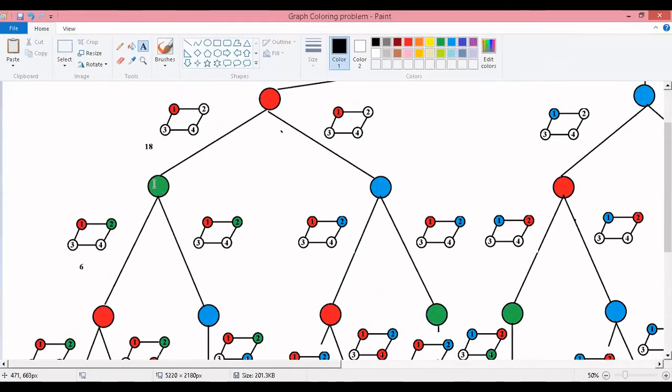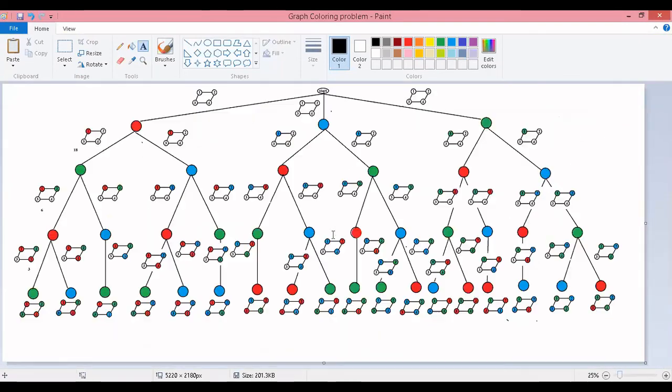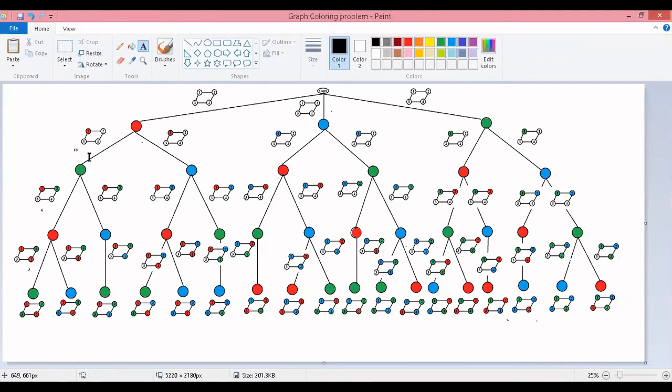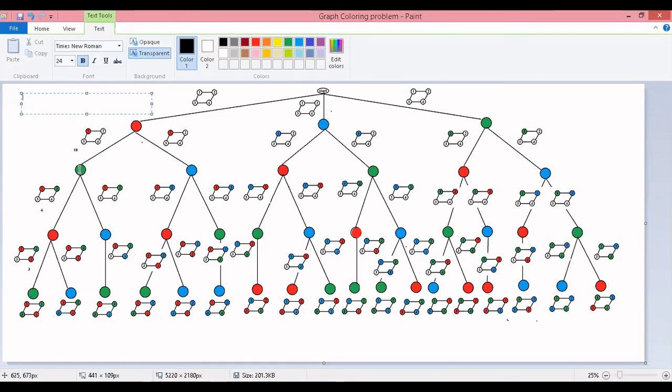Now I'll just reduce the size. 18 times. How? This particular green color where I have kept the cursor compares with this red color node 3 times, plus this red color node, where I have kept the marker tool, compares with this green color 3 times, plus this red color with this red color node again 3 times.